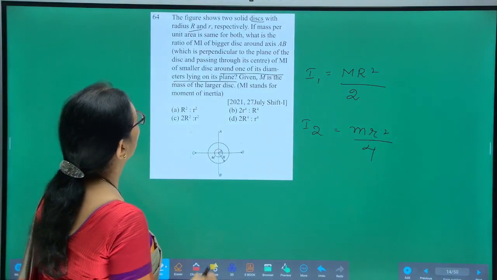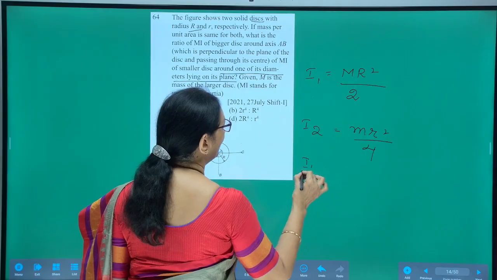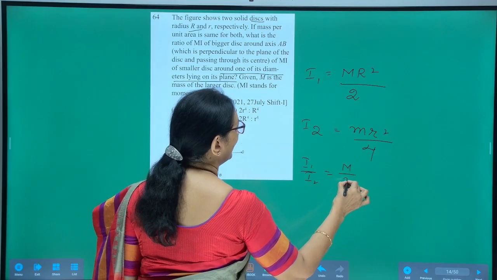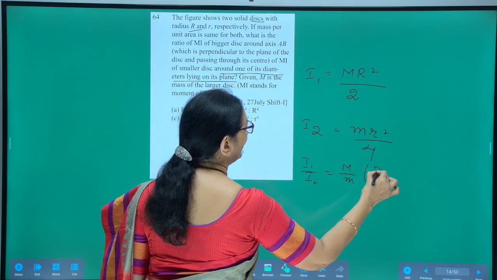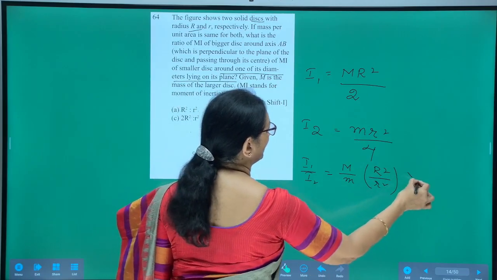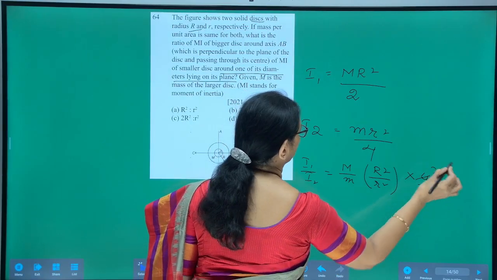You are supposed to find the ratio of these two. So, I1 by I2 is equal to capital M by small m, capital R square by small r square, this goes to the numerator, into 4 by 2, that is 2.